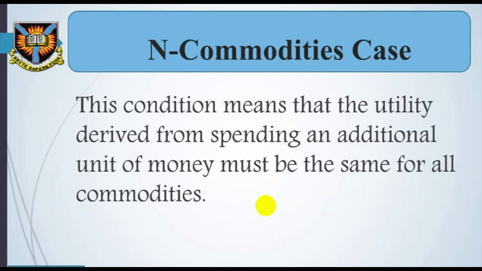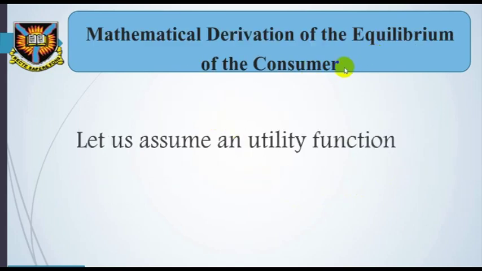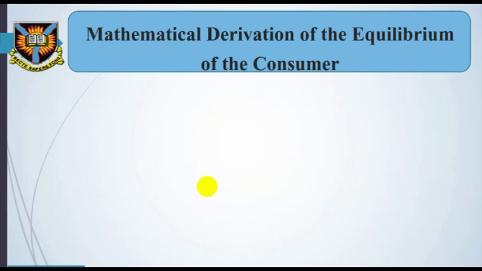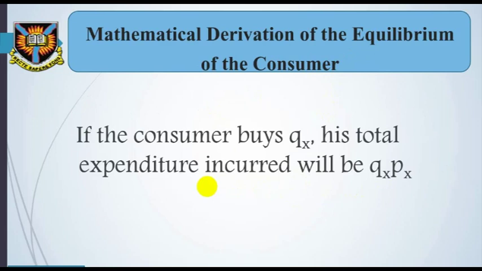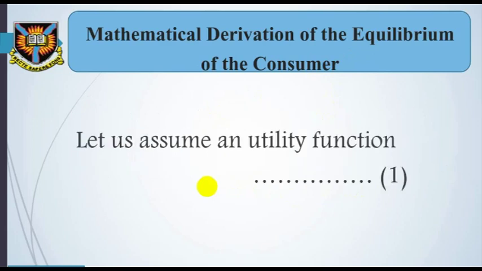Mathematical derivation of the equilibrium of the consumer. Let us assume a utility function U equal to f(Qx). That is, U equal to a function of Qx.